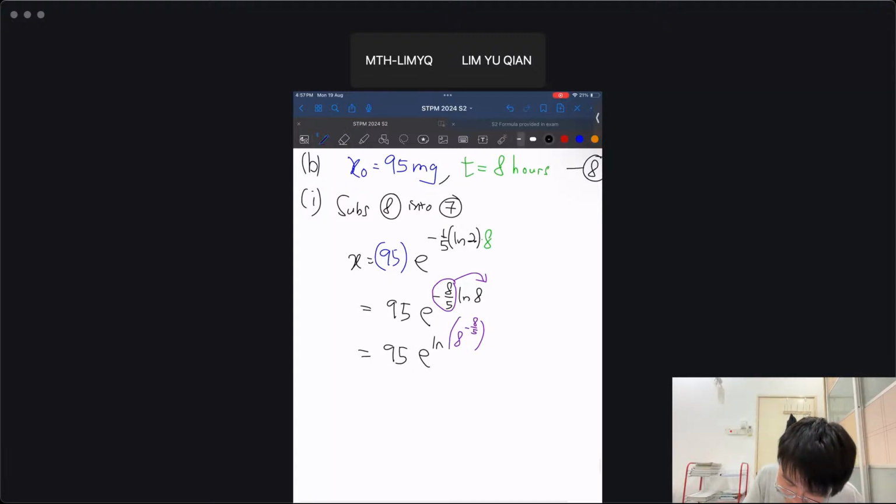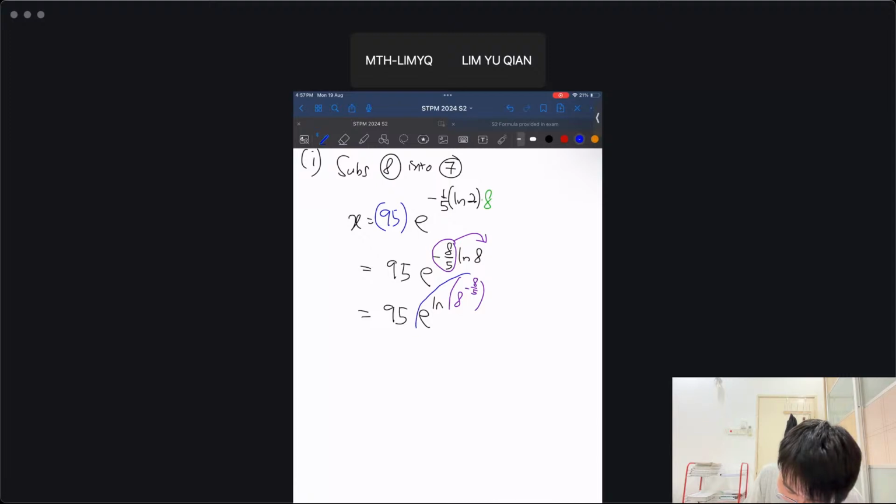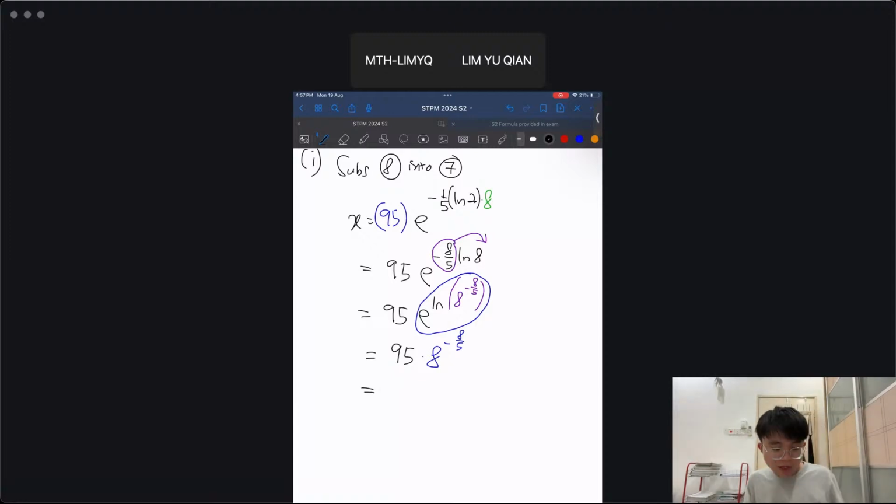And then e ln something, let's take down the whole thing. So 8 power negative 8 over 5, multiply by 95. So use your calculator. 8 power negative 8 over 5 times 95. So how much is left?